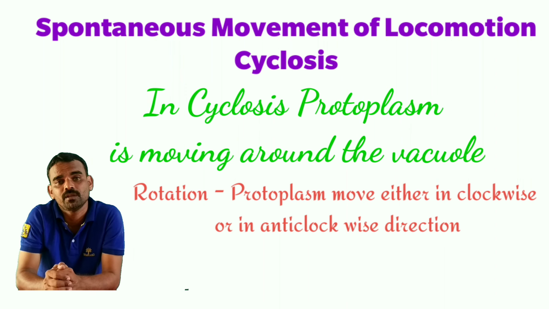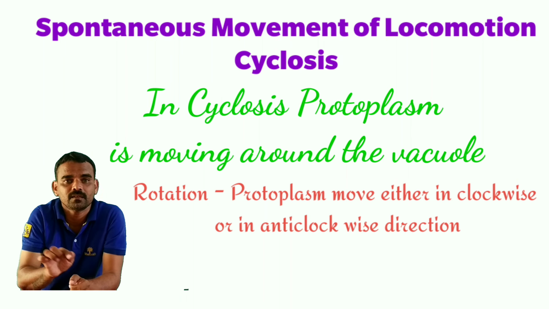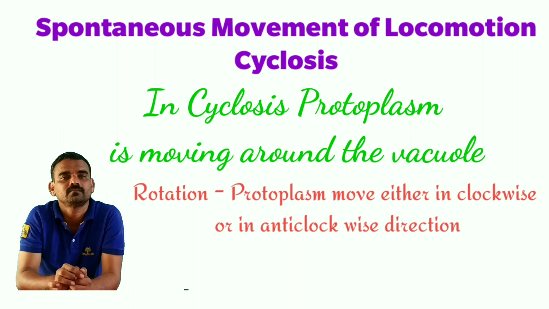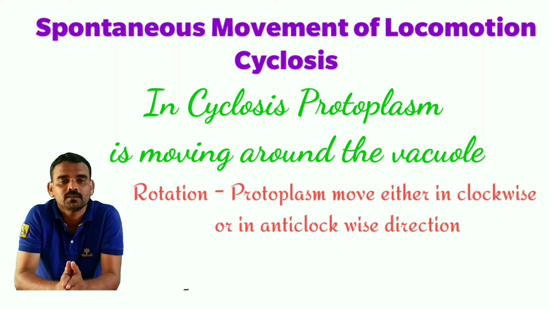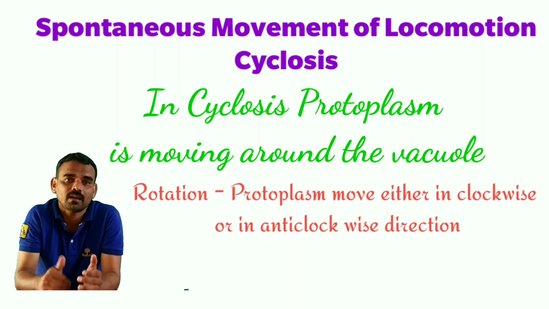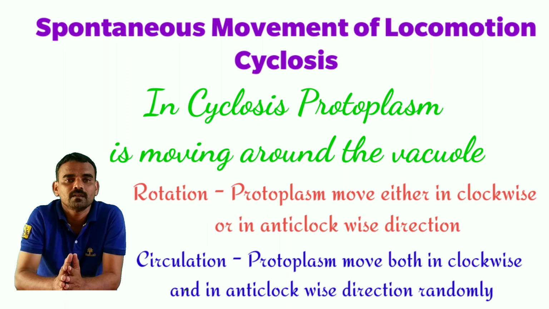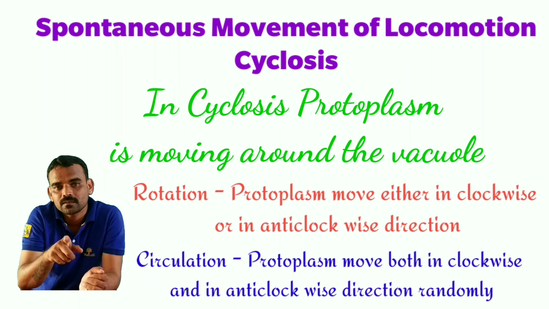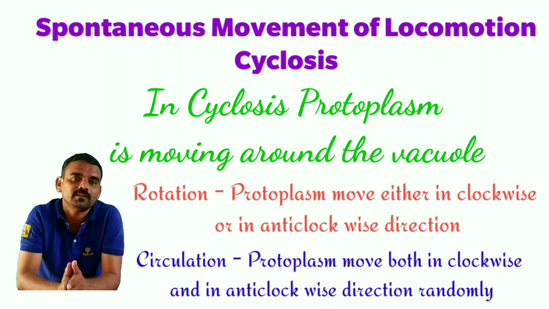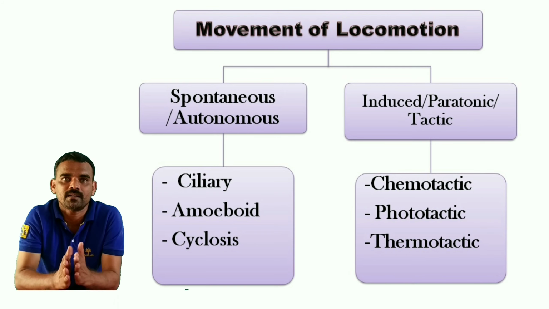One is rotation, in which the protoplasm moves in a single direction, either clockwise or anti-clockwise. Another type is circulation, in which the protoplasm moves anti-clockwise as well as clockwise. That means it is moving randomly. Such spontaneous locomotions are found in plants.